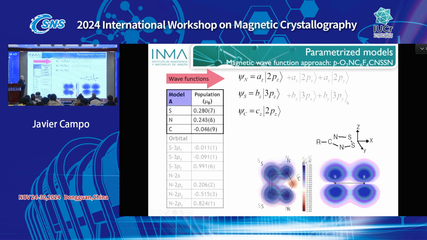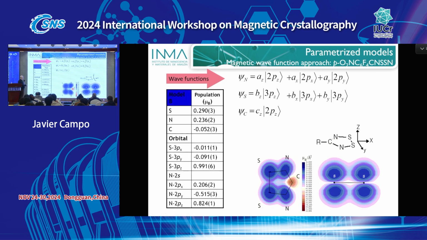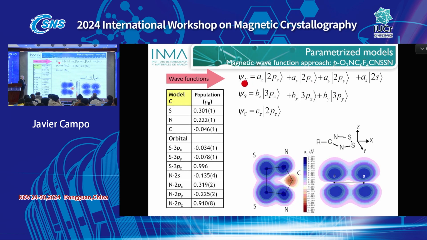You can complicate the model a little by using more orbitals, or even hybridization for the nitrogen, and you can extract the quantity of each. This must be normalized for every atom and the population.